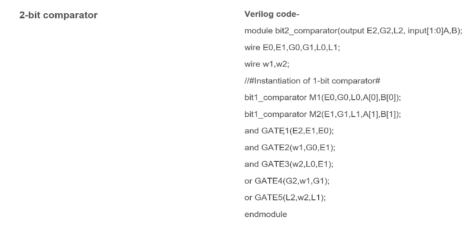And then for the 2-bit comparator, we will be having 2 bits of input. So A will be A1, A0, and B will be B1, B0.